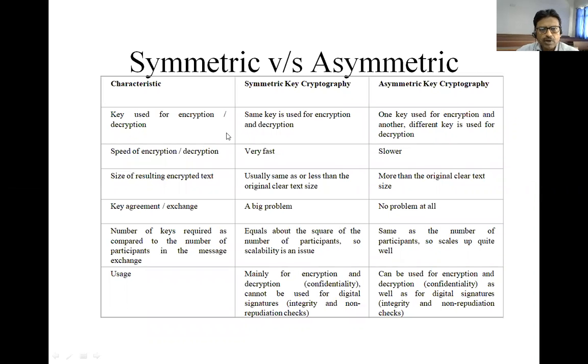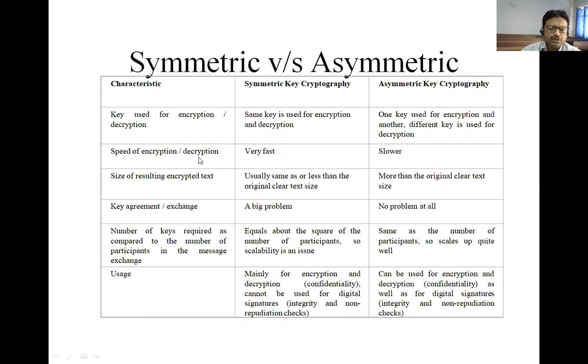Now let us discuss the comparative chart of symmetric versus asymmetric cryptography. The first one is the key used for encryption and decryption. In symmetric cryptography, we use the same key, but in asymmetric cryptography, we use different keys for encryption and decryption.